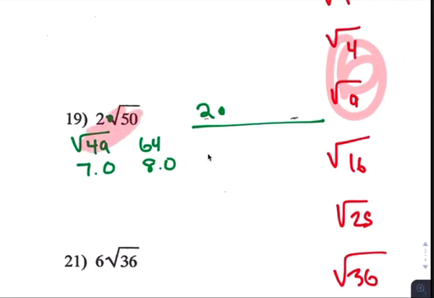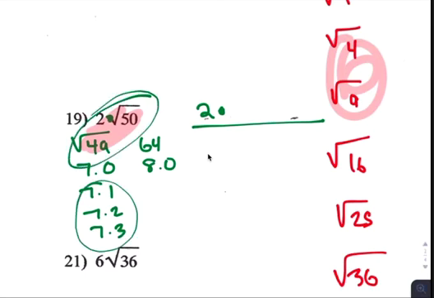So probably 7.1, 7.2, 7.3. Since it's close to 49, we're just going to choose these 3 numbers. Don't list all the other ones. So I always try the middle.